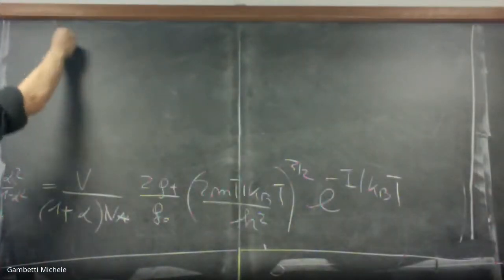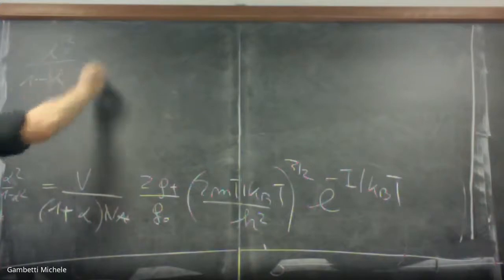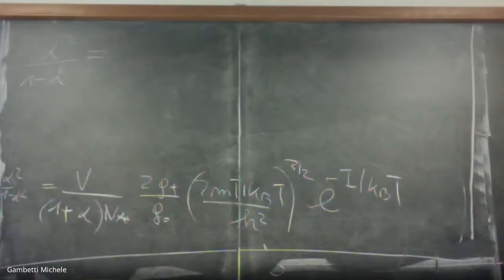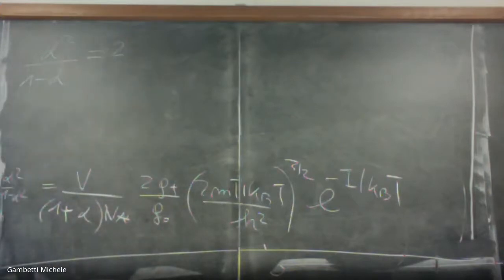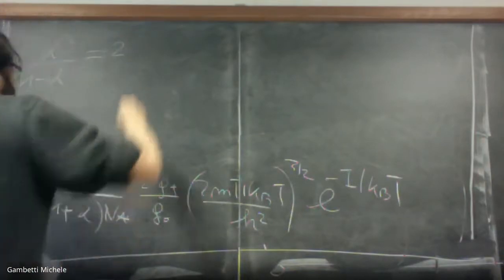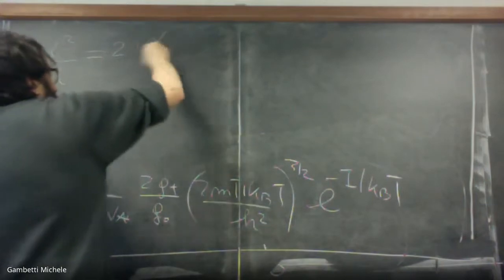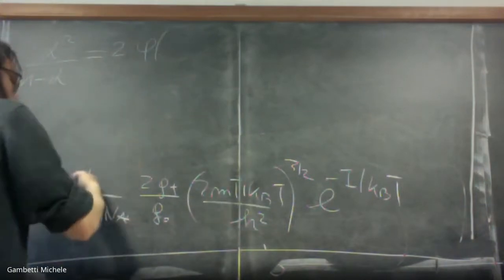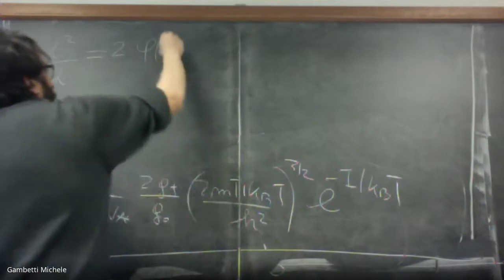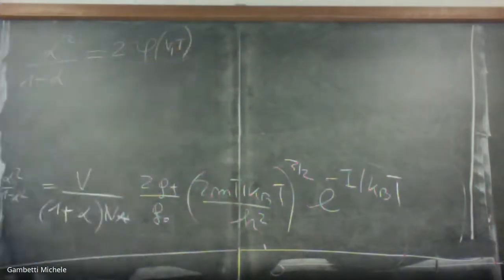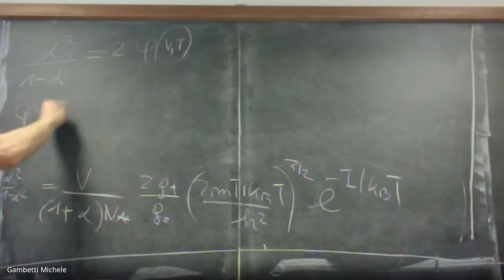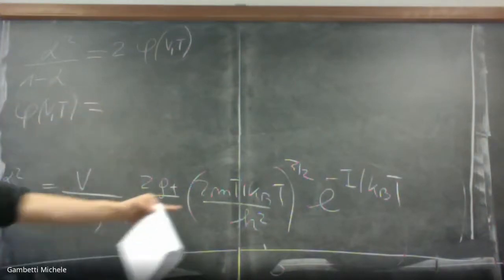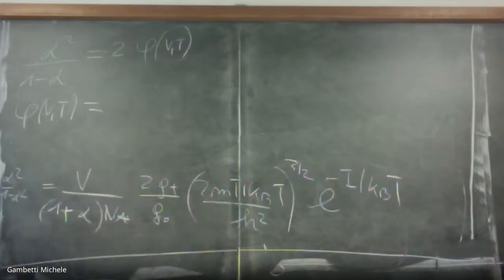So alpha squared over 1 minus alpha is equal to, let me put this factor of 2, which is the electron degeneracy, times a function phi, which is a function of volume and temperature, V and T, where I have defined phi of V and T as this quantity here that contains all these factors.